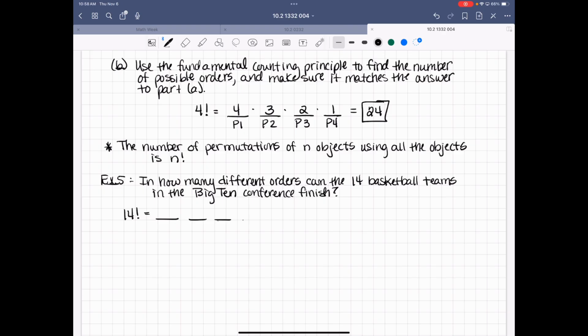We got 14 teams, right? 1, 2, 3, 4, 5, 6. Already putting one in first place, it can't be in 14th place. So I have 14 choices in that first place slot, right? Second place, I'm down to 13 possibilities. Third place, 12. Fourth place, 11.